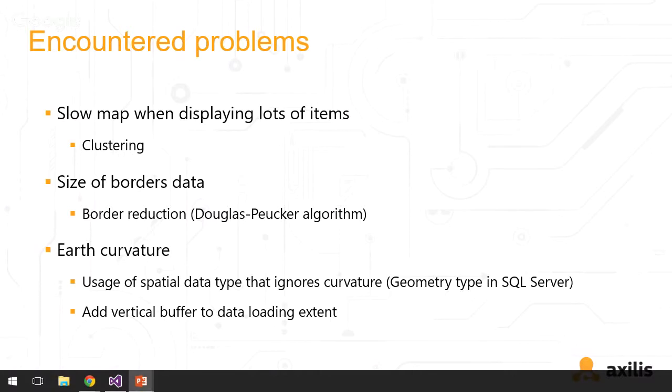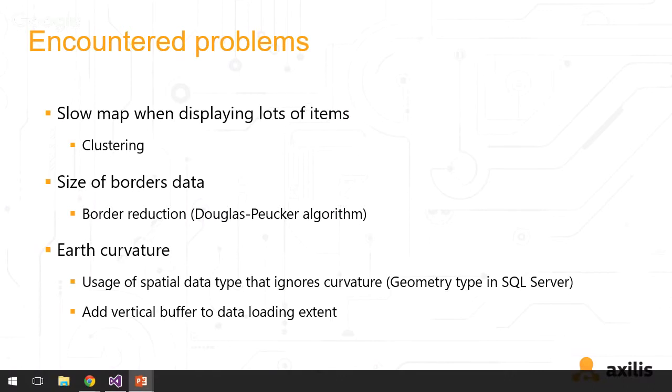Then we have the size of the borders data, because if you have to display it on OpenLayers, it can get quite big. It can be a few megabytes, because there are lots of points in a country, and this can be fixed through border reduction. This algorithm is built into SQL Server.